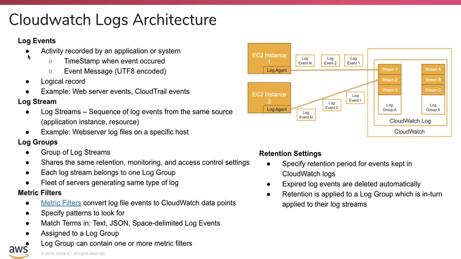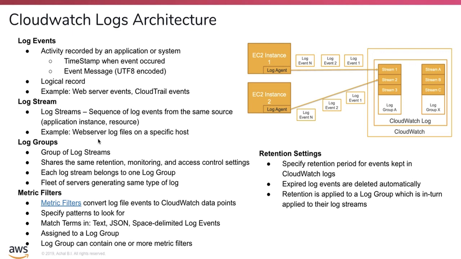Log events are each activity recorded by a custom application or a system. Each log event has a timestamp and information about the event. They are individual logical records, and log streams are sequences of events from the same source.